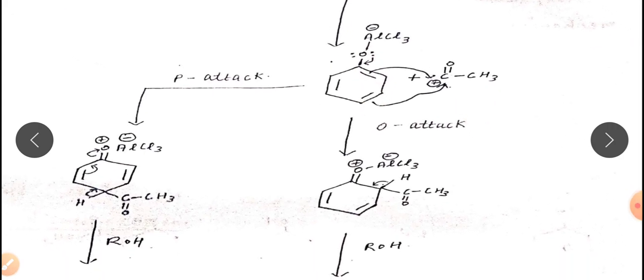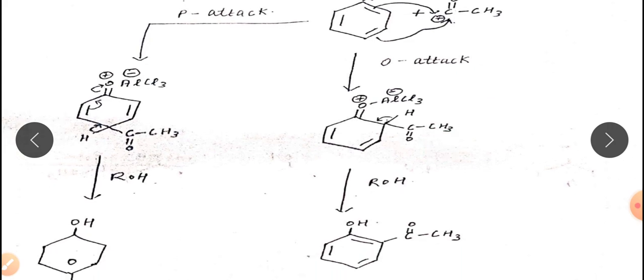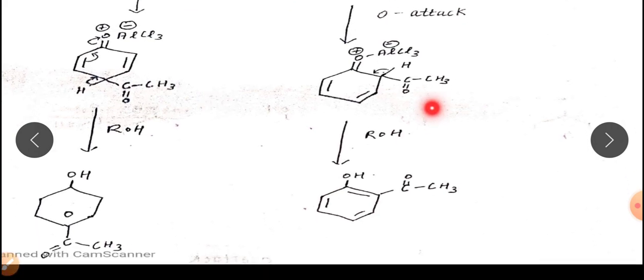So this is particularly the ortho attack, at this position, and for the para attack this bond will shift here, then this bond will migrate to C positive and will again form this type of intermediate. After formation of this, the H positive will be eliminated, which finally abstracts H positive from the solvent you have taken, and it will get converted into OH, that is either the ortho or the para product. So this is the reaction which proceeds with the intermolecular mechanism.